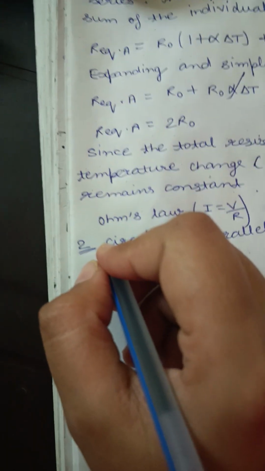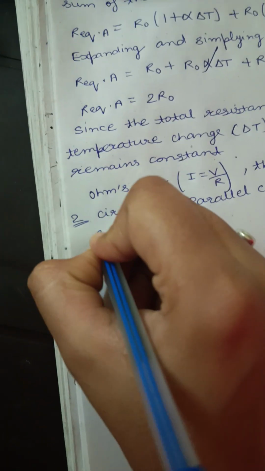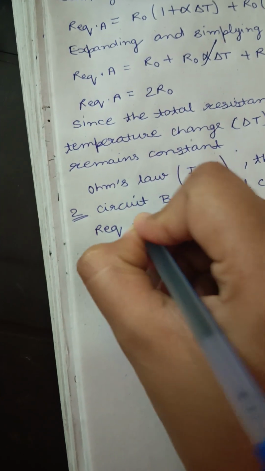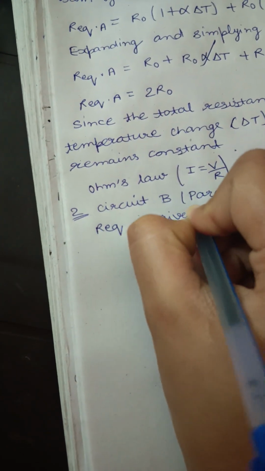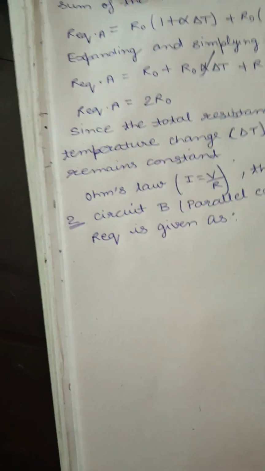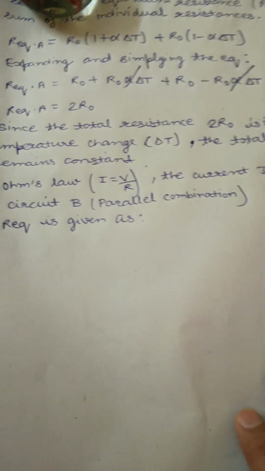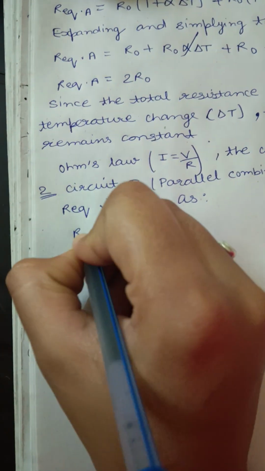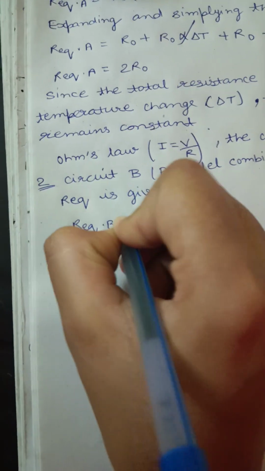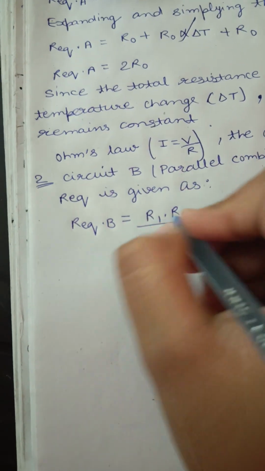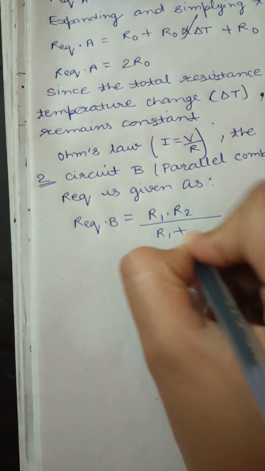The equivalent resistance is given as R equivalent B equals R1 times R2 divided by R1 plus R2.